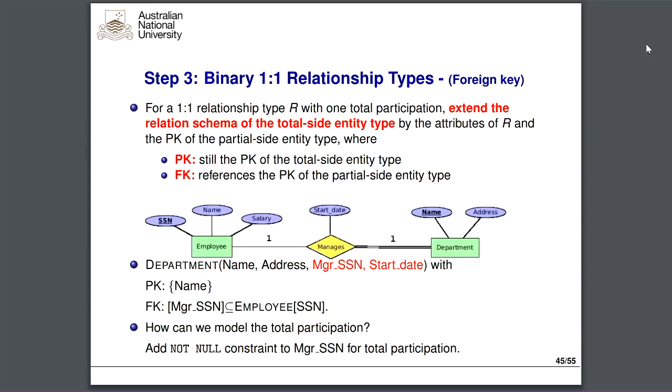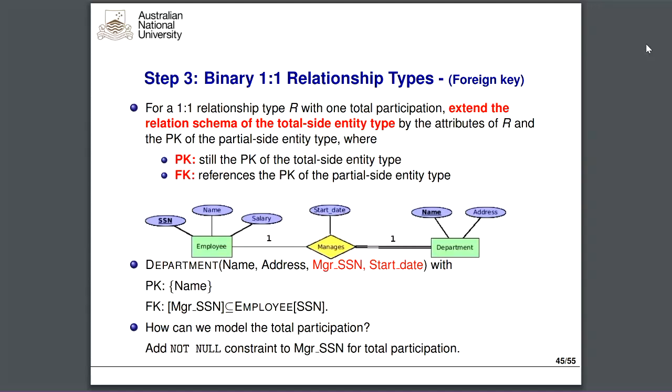So you have a new attribute, which is the manager's social security number, and also the starting date. We have the starting date in this case because this relationship type has an attribute called the starting date. Maybe there's another attribute with the ending date. Then you get an extra attribute here.